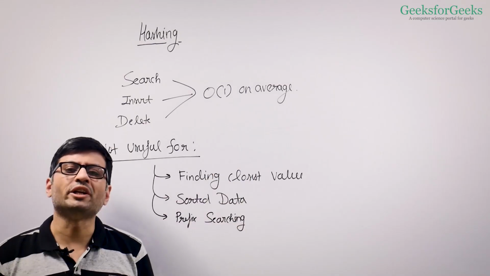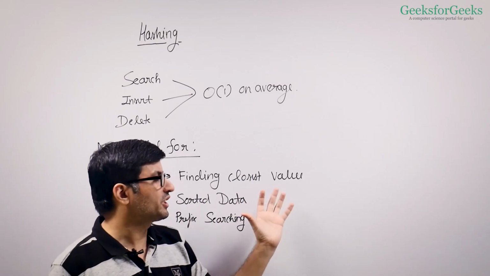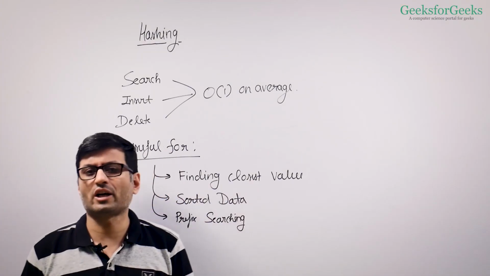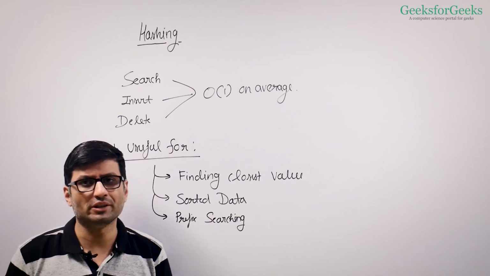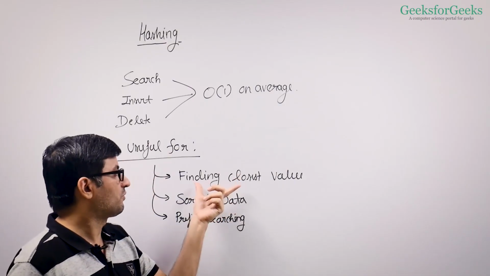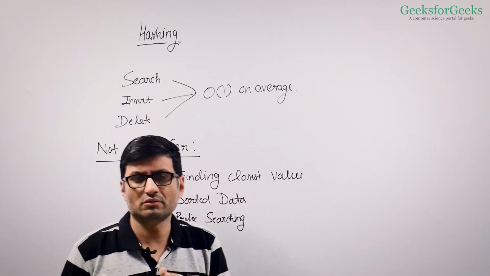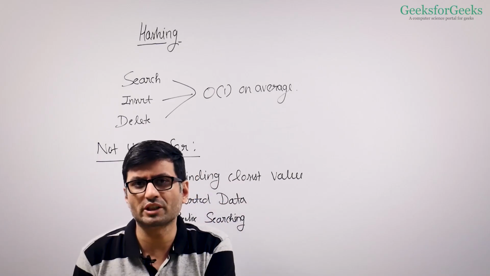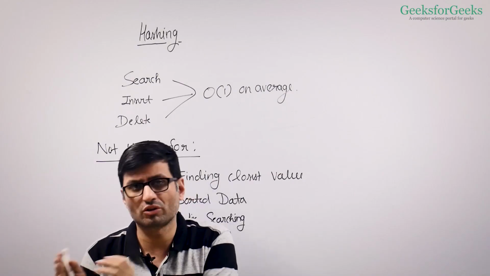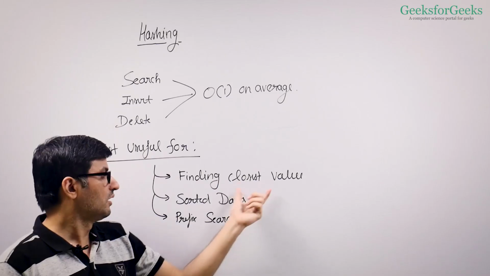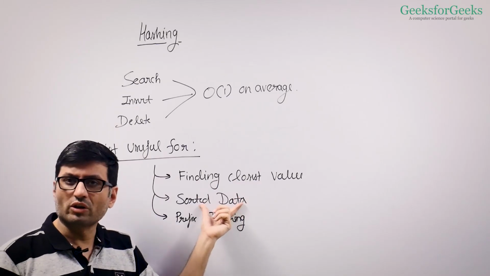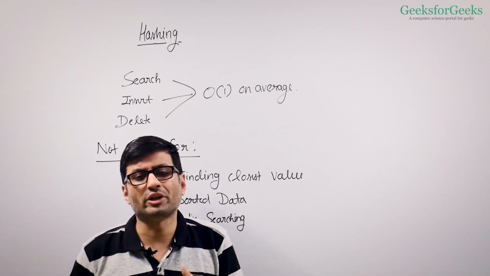Here are three main areas where hashing is not used to store a collection of keys or key value pairs. One is finding the closest value. If some key is not present, find the value which is just smaller or just greater than this. Another is keeping the data in sorted order.